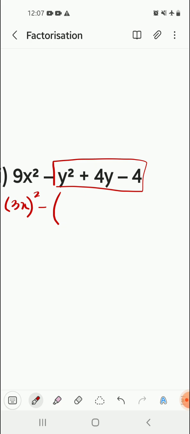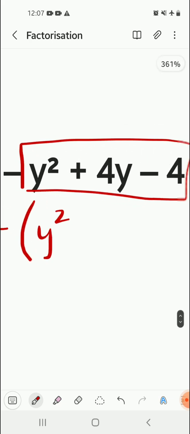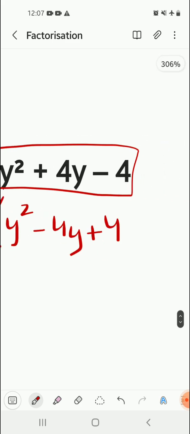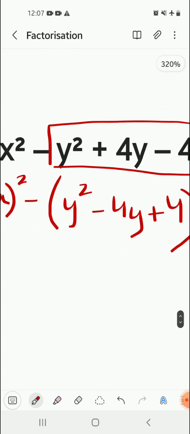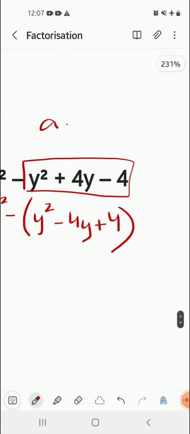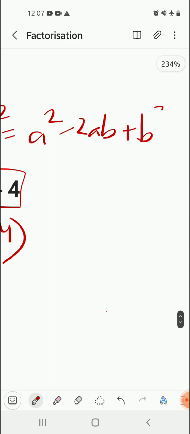So we can write it in this manner, taking minus common, y square minus 4y plus 4. Now see, it is basically the a minus b whole square formula, where the answer is a square minus 2ab plus b square.